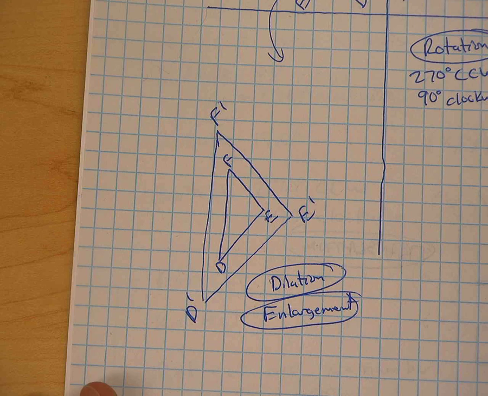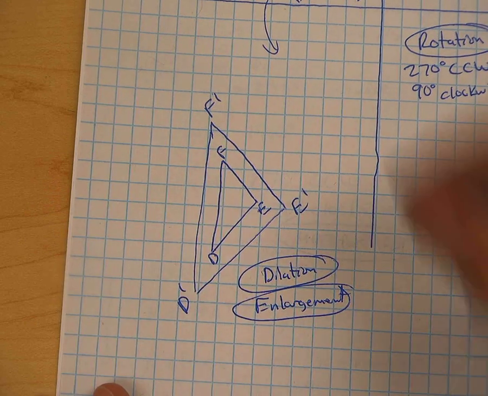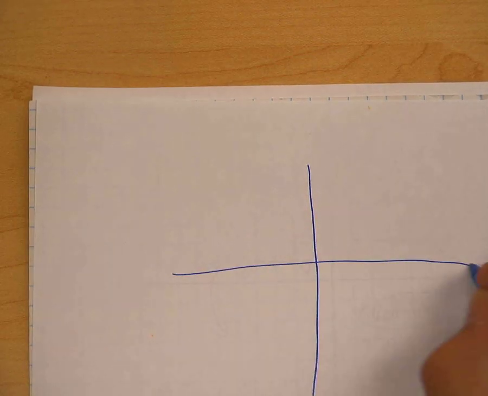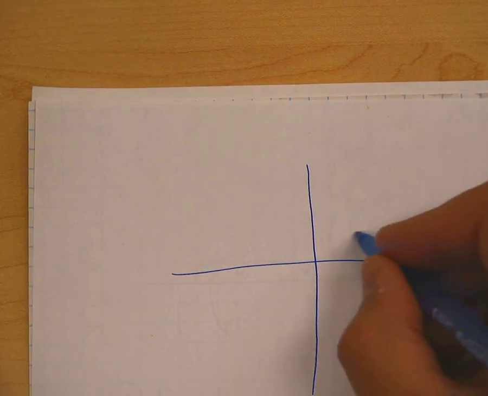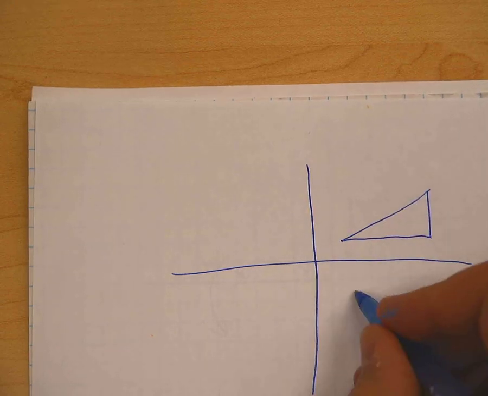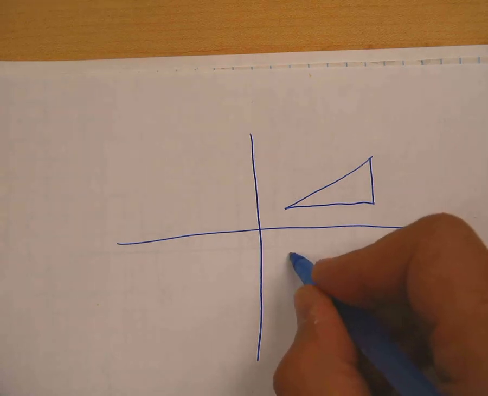All right, let's try a couple more of these. Let's do some rough sketches here. So we don't have to use the graph paper, just use a blank sheet of paper, okay? So if I had a graph, and I'm just doing this really rough-handed here. Let's say I started off with an image that was like this.